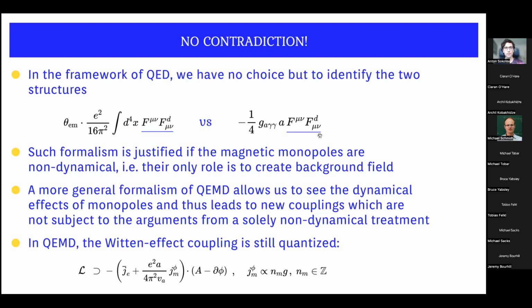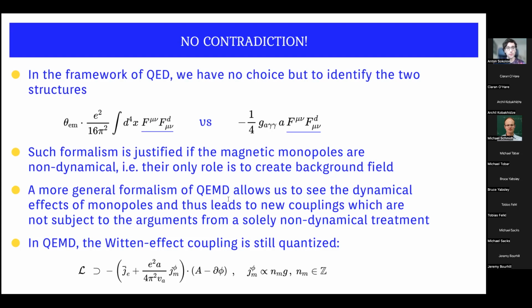But what is important is that in such a formalism, the magnetic monopoles are not treated fully dynamically. So this formalism cannot account, say, for the effects of loops of magnetic monopoles, because magnetic monopoles are not introduced as quantum fields in this description. In no way can they be described as quantum fields.